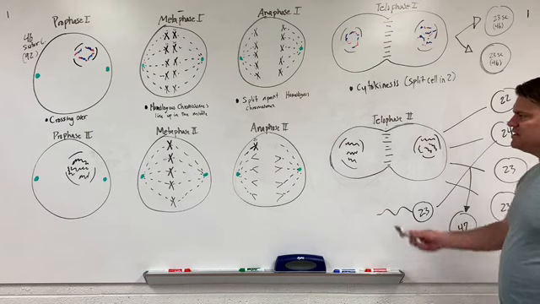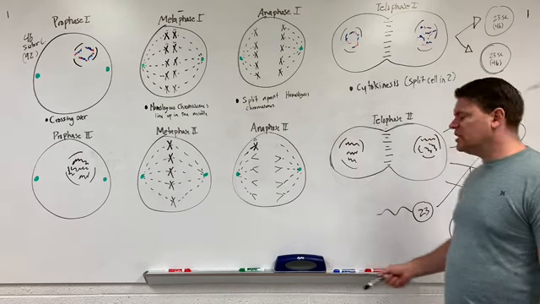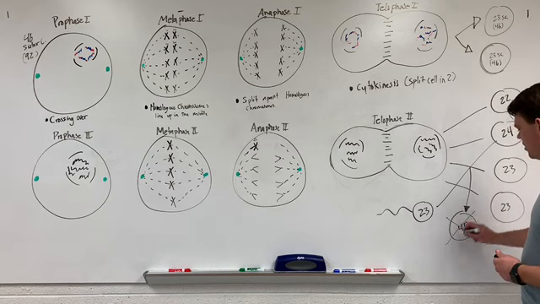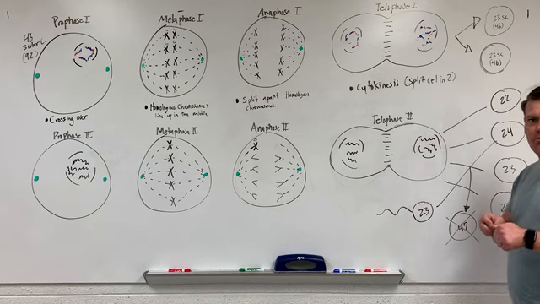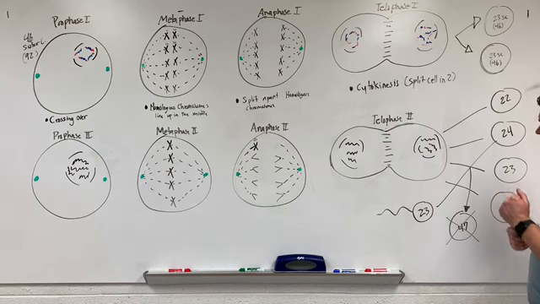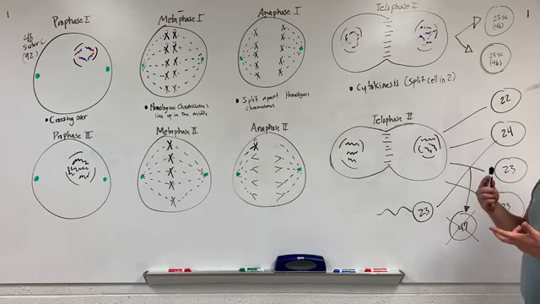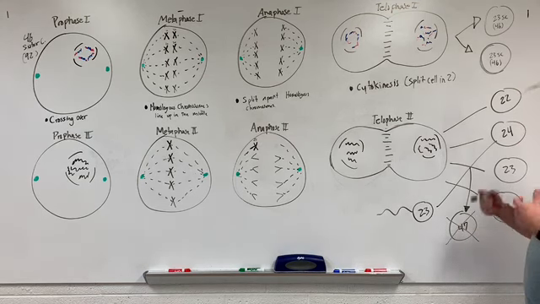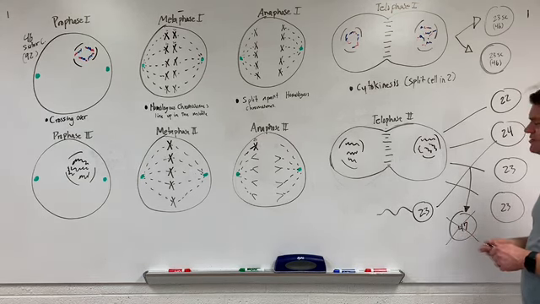Now, if this happens in other chromosomes, most likely you won't get fertilization, or the egg will abort. It won't go to full term. But in the case of Down syndrome, it does go to full term, and that's why you have people that are Down syndrome.